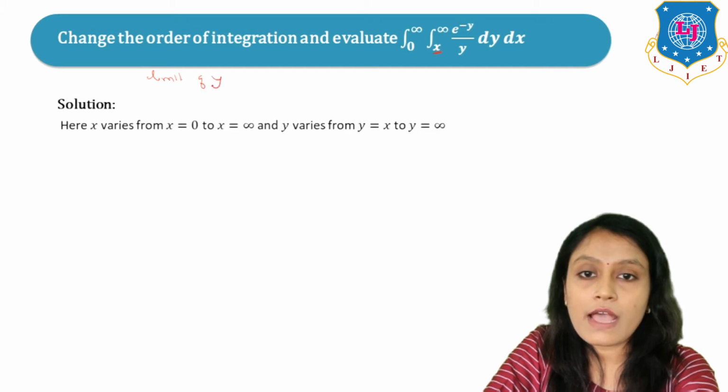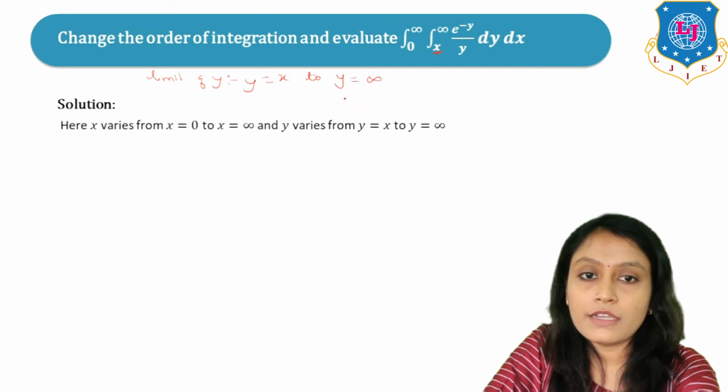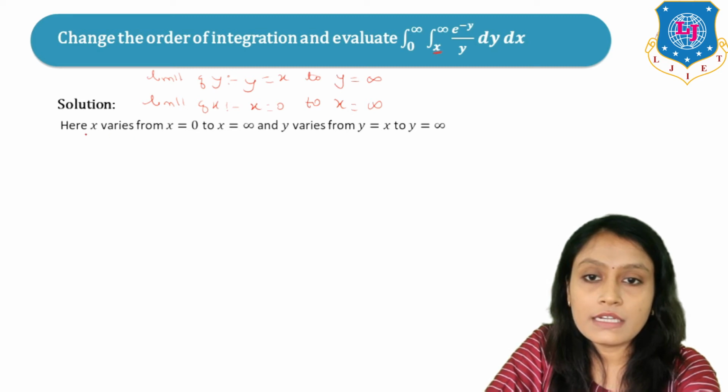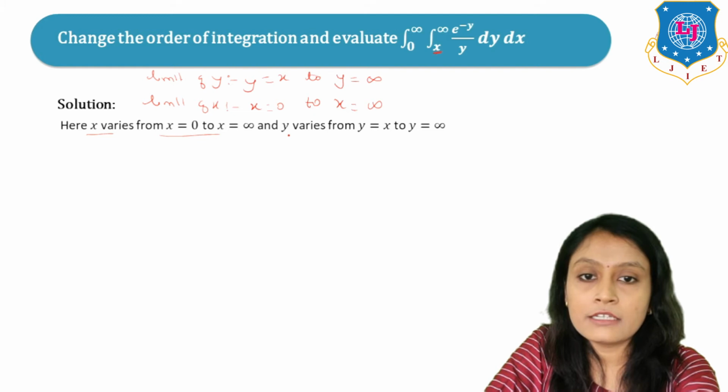The limit of y is given in the question, that is y equals x to y equals infinity. And this is the limit of x, that is x equals 0 to x equals infinity. So here we can see that x varies from 0 to infinity, and y varies from y equals x to infinity.